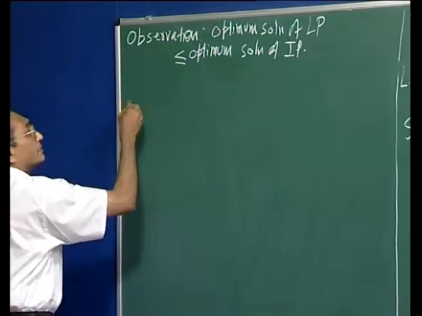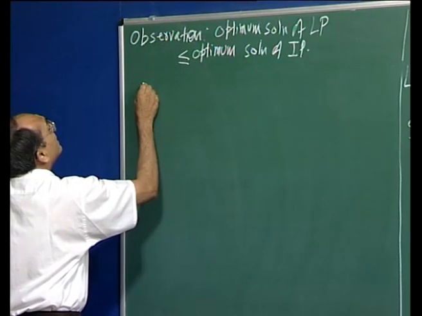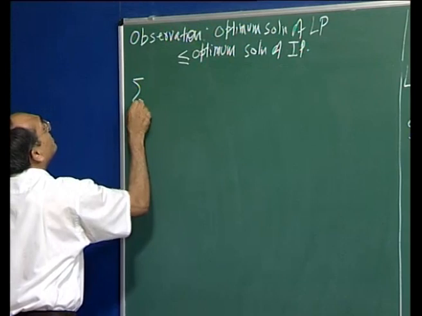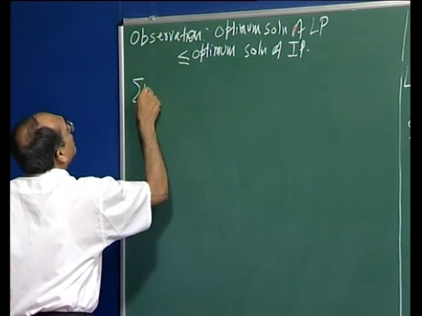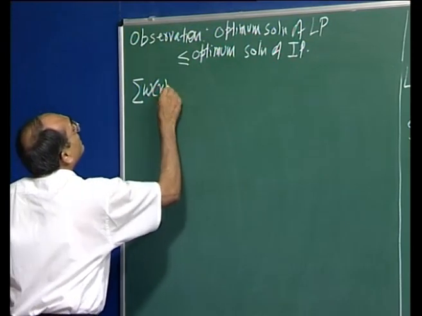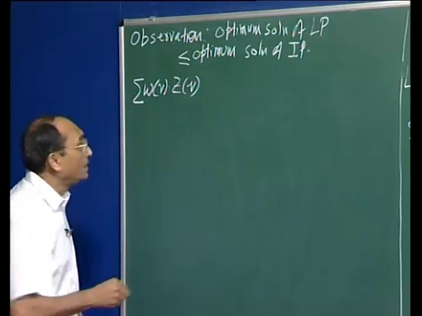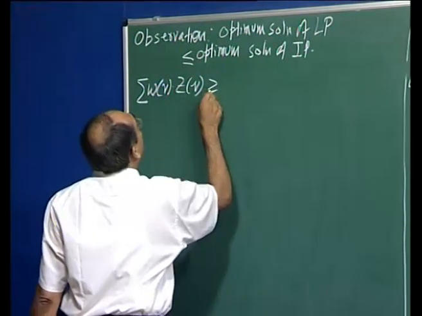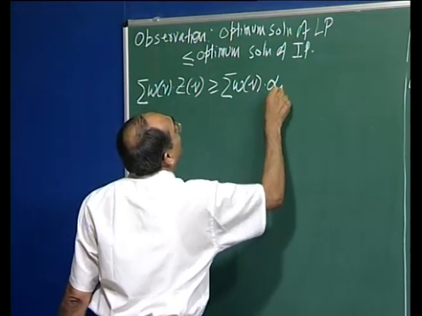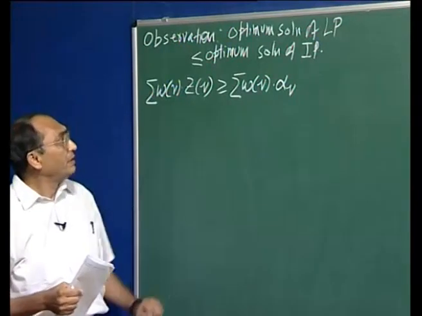Now, let us just write this down. The solution of IP, sum W, the objective function value, was this, which from this inequality is greater than or equal to sum WV alpha V. This was the solution of the linear program.